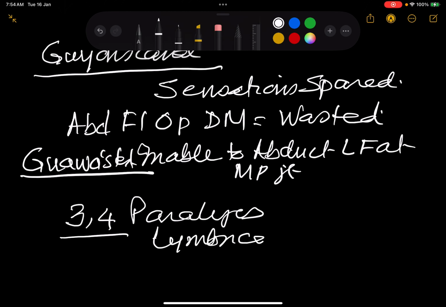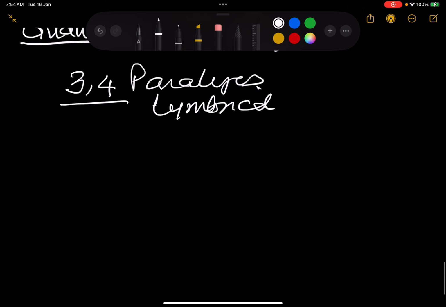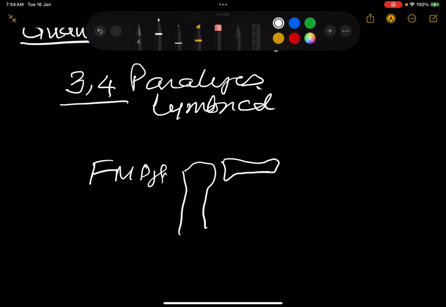Lumbrical. What does the lumbrical do? If this is the metacarpal head, the lumbrical would flex at the MP joint, and extend at the PIP and DIP joint through the extensor expansion. This is the flexor digitorum profundus tendon. Here is the flexor digitorum superficialis tendon.